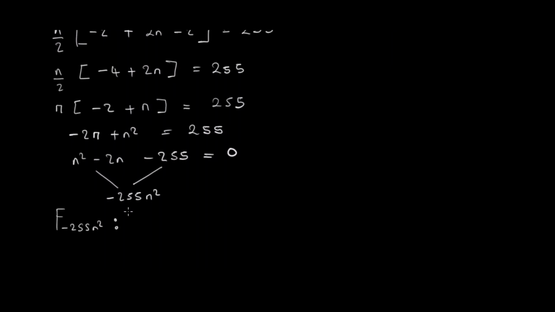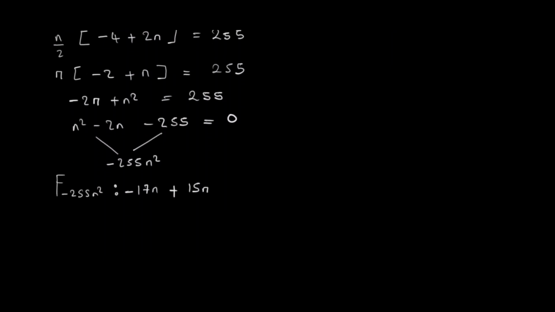What are those factors? Saka ma factors are 17n and minus 15n. 17 times 15 ndi 255. 17n minus 15n, in effect kana kuti ndi minus 17n plus 15n, because tichada kuwana minus 2n. Saka inge yakadai.